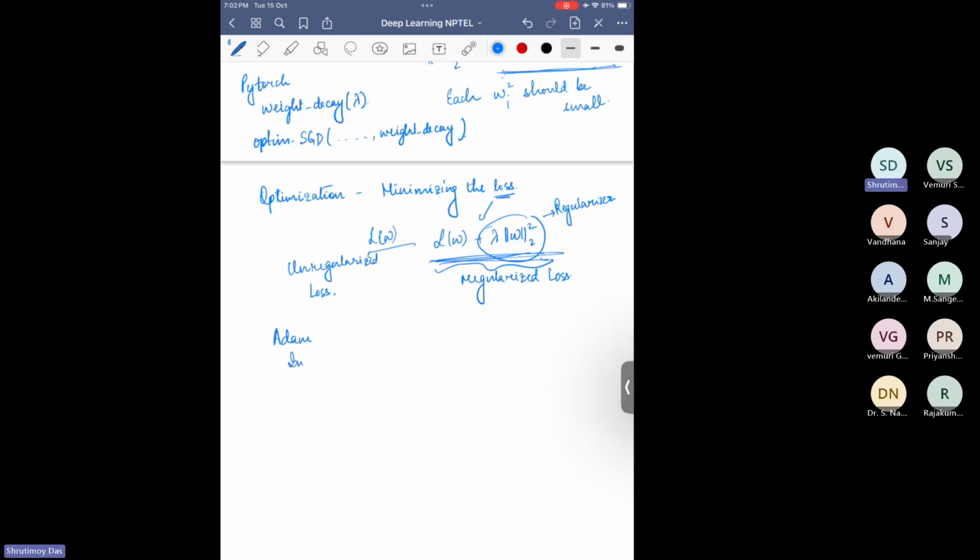It will take as input a loss function. This loss function may be regularized or unregularized. Then this algorithm will output the optimal parameters or learned parameters.